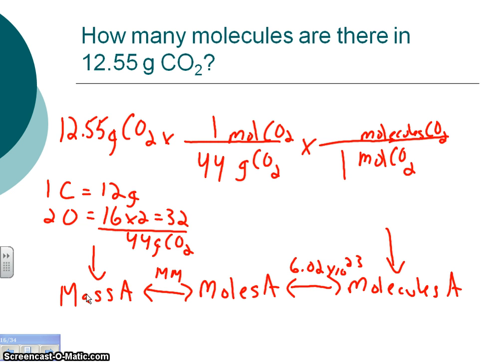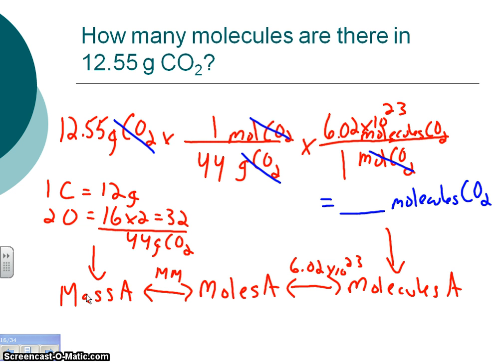And in this last spot, we're going to put 6.02 times 10 to the 23rd, because that's how many molecules are in 1 mole. Grams cancel, moles cancel. We're just left with molecules of CO2. So we're going to take 12.55, divide by 44, then multiply by 6.02 times 10 to the 23rd, and that's going to give us our molecules of CO2.